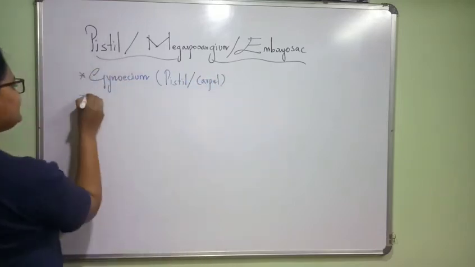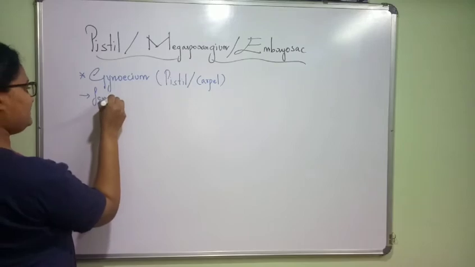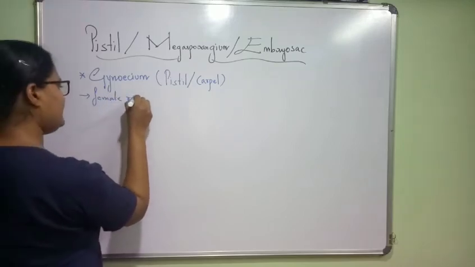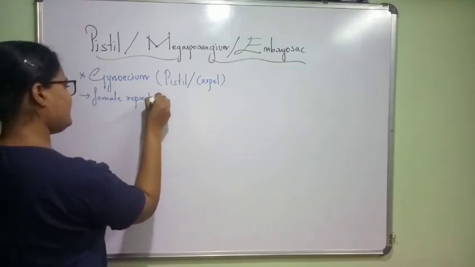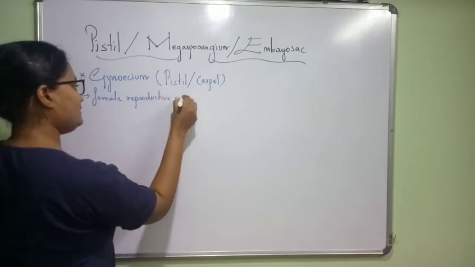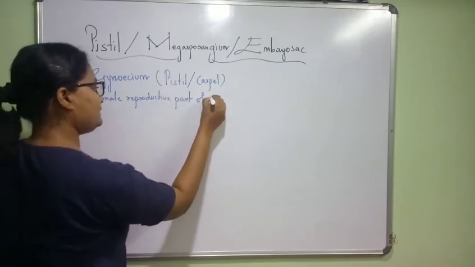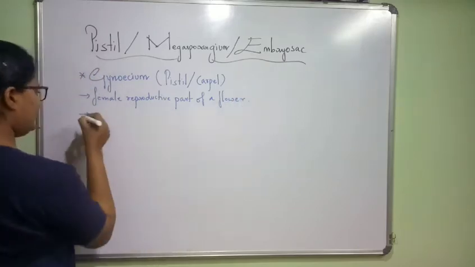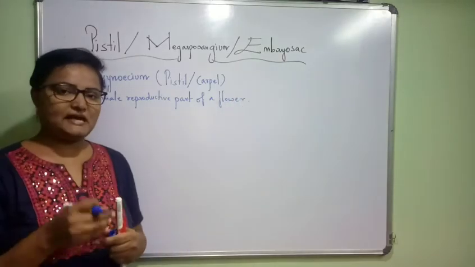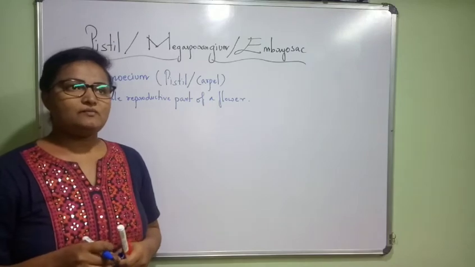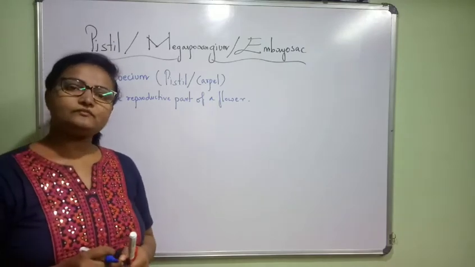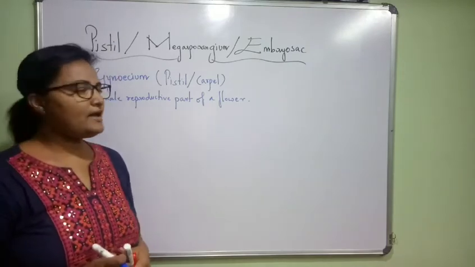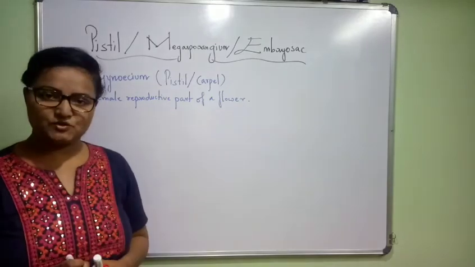So this is our female reproductive part of a flower. And in the previous standards, maybe during morphology of flowering plants, we have studied this pistil arrangement.